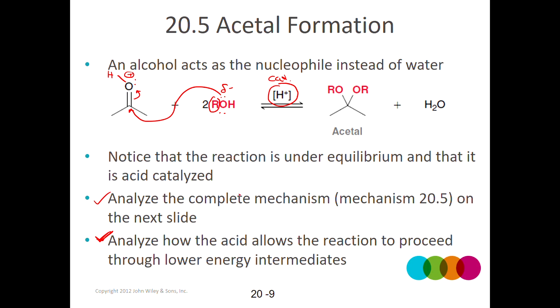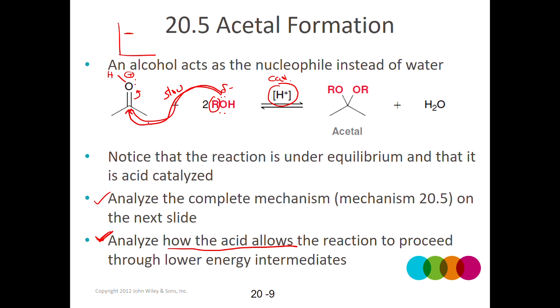So the main thing about how the acid catalyst allows the reaction to proceed is by getting the slow step to happen more often, right? This attack of the nucleophile on the carbonyl carbon is a slow step. By putting the positive here, it raises the initial energy versus what it would be if it were neutral.